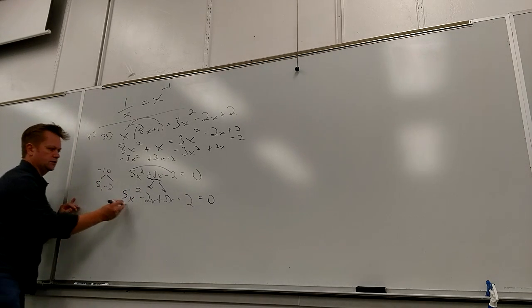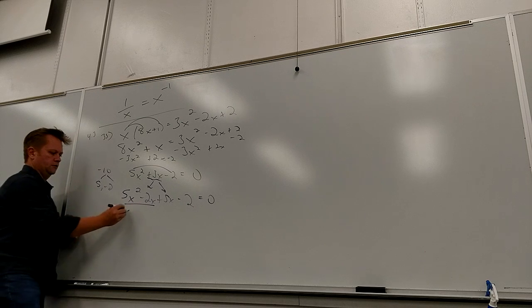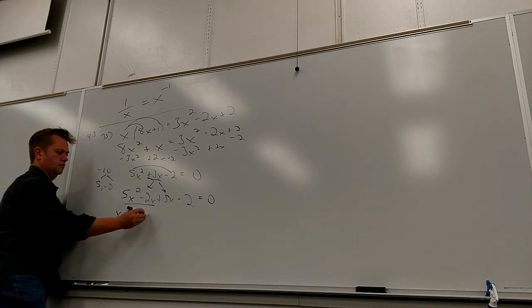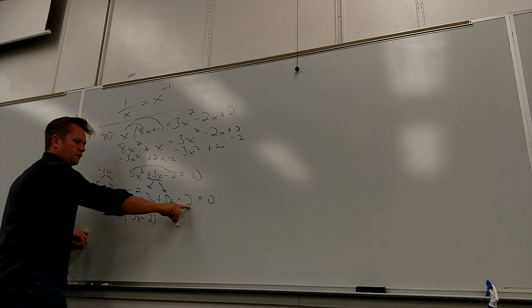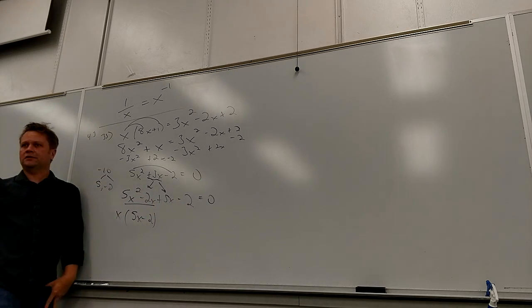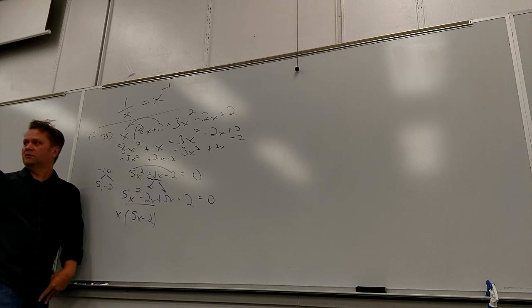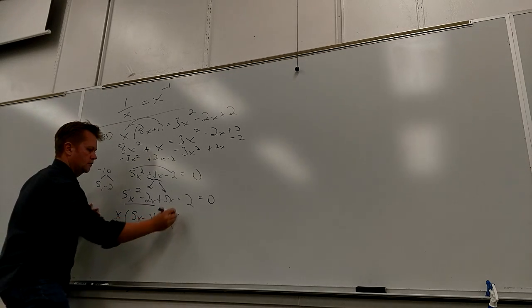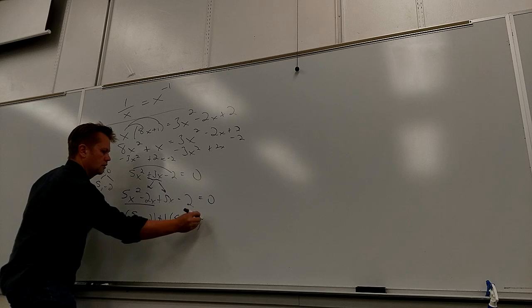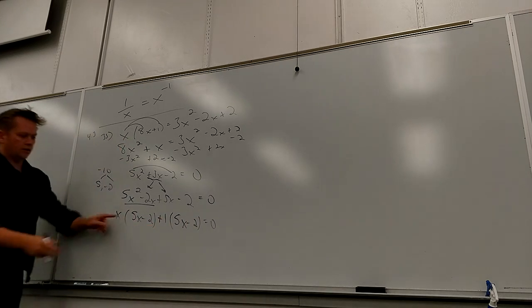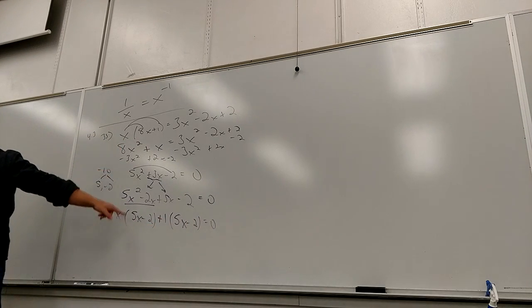So then what comes out of these two? X. Now here's what's weird. If nothing comes out, there's always something that comes out. What comes out of every number? 1. And the only reason you do that is so it looks a little more like what you're used to.